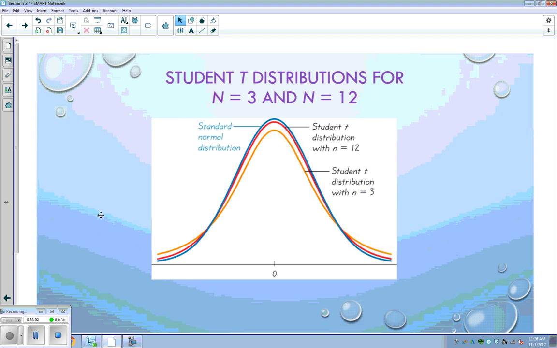See how the red one is getting closer and closer to the standard? And then the distribution with an n of 3 is this kind of mustard color looking one, and it's further away from the standard normal distribution. That's why we have to meet those requirements. Either the population is normally distributed or n is at least 30.